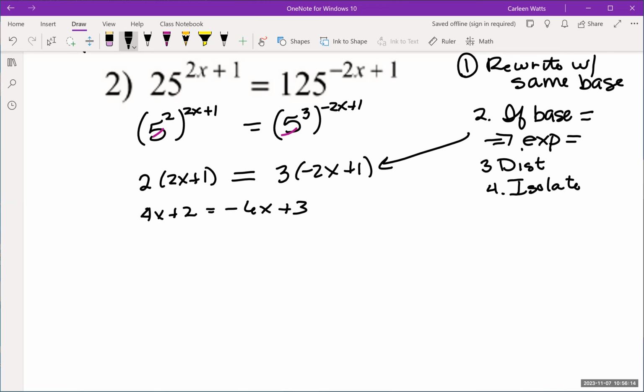They must have been on the same side of the equal sign. Sometimes we add and sometimes we subtract, or add or subtract from both sides. Notice they are not together. They are on opposite sides of the equal sign, so we cannot combine like terms. So I am going to do the opposite to isolate.